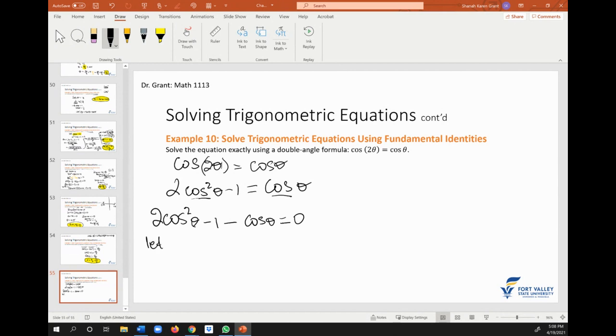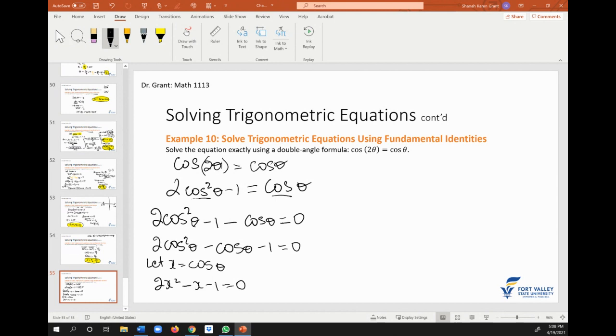Let me rewrite this in standard form: 2 cosine squared theta minus cosine theta minus 1 equals 0. If we let x be cosine theta, then I have 2x squared minus x minus 1 equals 0.